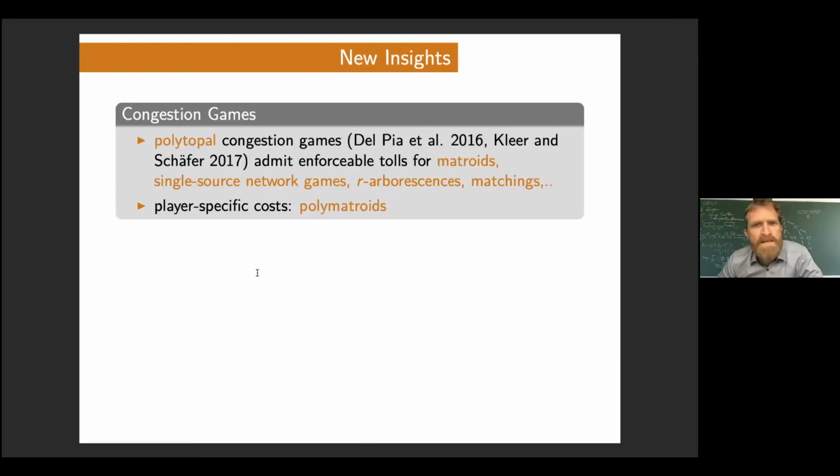Okay, so let me summarize. In the first example, I talked about congestion games. I presented to you only this non-atomic formulation, but you can also think about discrete formulations where the players do not form a continuum of agents, but are really discrete entities, and then the model changes a bit.